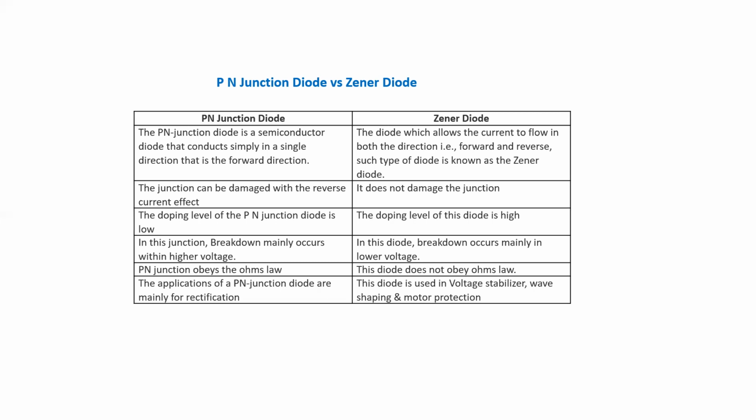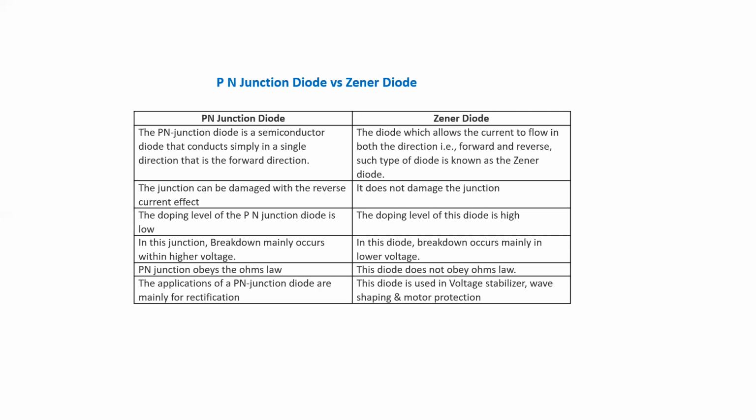Then, breakdown in a semiconductor diode occurs only at higher voltage, but in the Zener diode the breakdown occurs at lower voltage. The PN junction obeys Ohm's law, whereas the Zener diode does not obey Ohm's law.